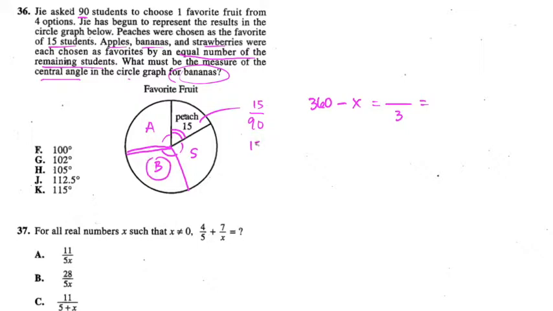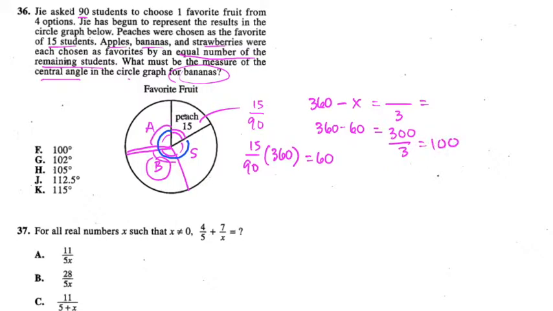This is 15 over 90, and we have to multiply that fraction by the number of degrees in the pie, which is 360, is 60. 360 minus 60 is 300. That means that everything here amounts to 300. And we'll divide that by 3, which means that each of these measures 100 degrees. So bananas is 100 degrees.